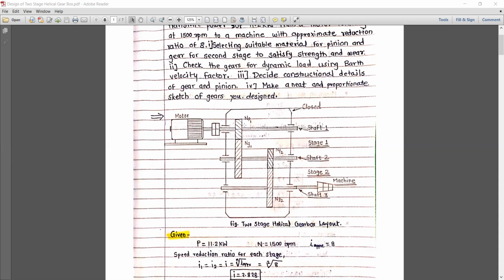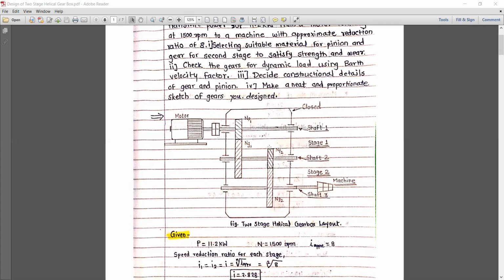In stage 1, there are two shafts, shaft number 1 and 2. So power is transmitted from shaft number 1 to shaft number 2 with the pinion P1 and the gear G1, that is, the first pinion and gear pair.